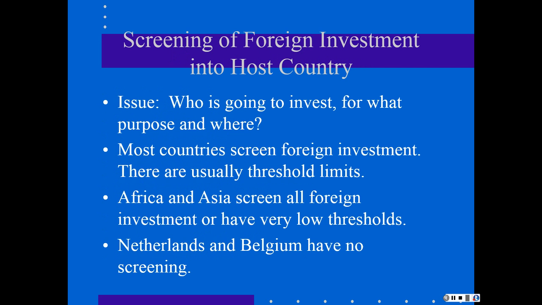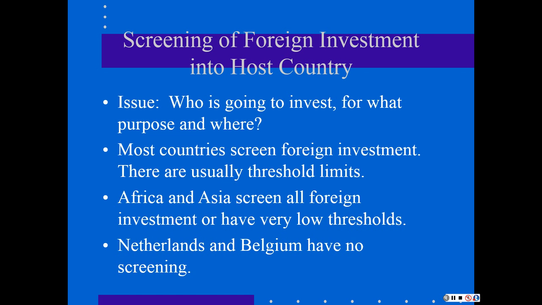Some countries screen the foreign investment. They want to know what's coming in, how much is coming in, how it's going to be used. That's understandable to a degree. So there's the issue of who is going to invest and for what purpose and where.